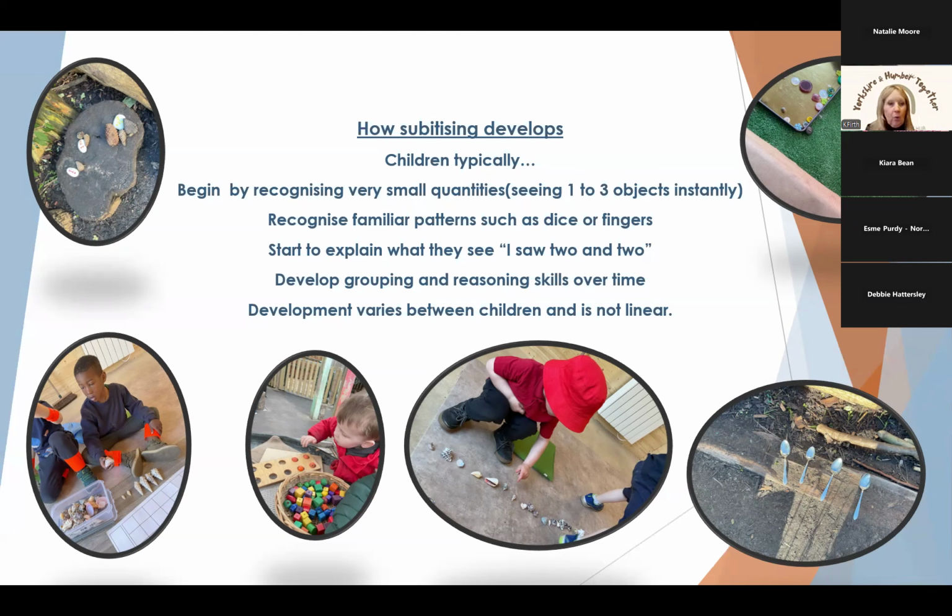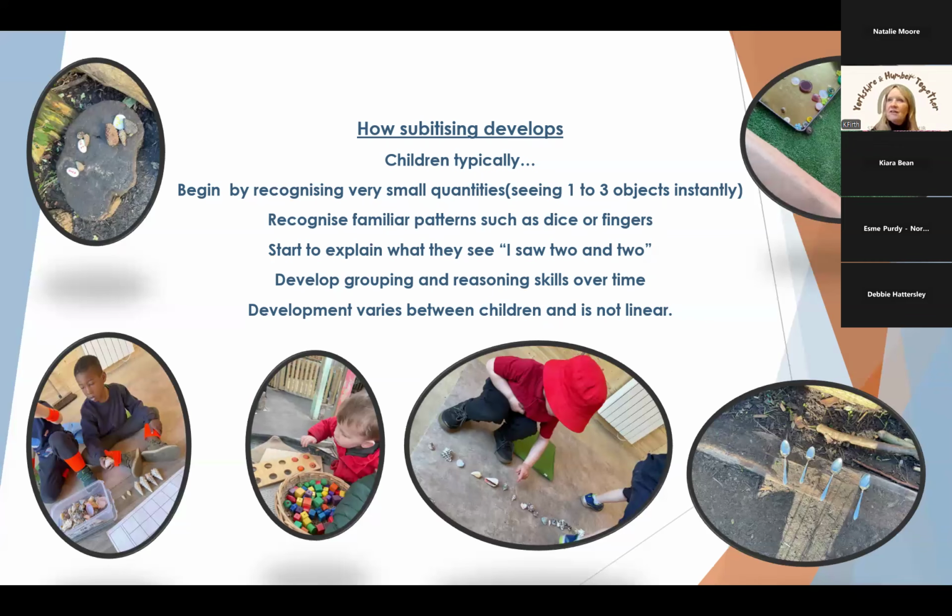Showing one tissue, one bar of soap if you're washing your hands. Talk about one. What can you see? Recognizing familiar patterns such as dice, using your fingers in number rhymes, in songs, in showing how many you've got. Your fingers, your digits, they're a valuable tool. Easy, there all the time. You can have them out constantly.